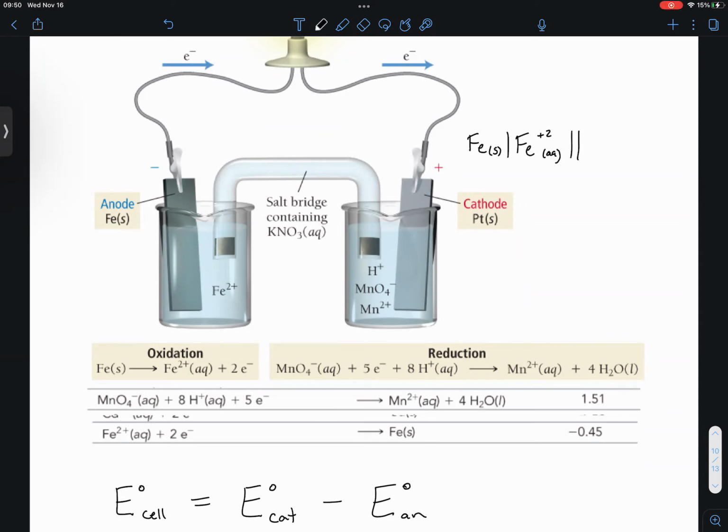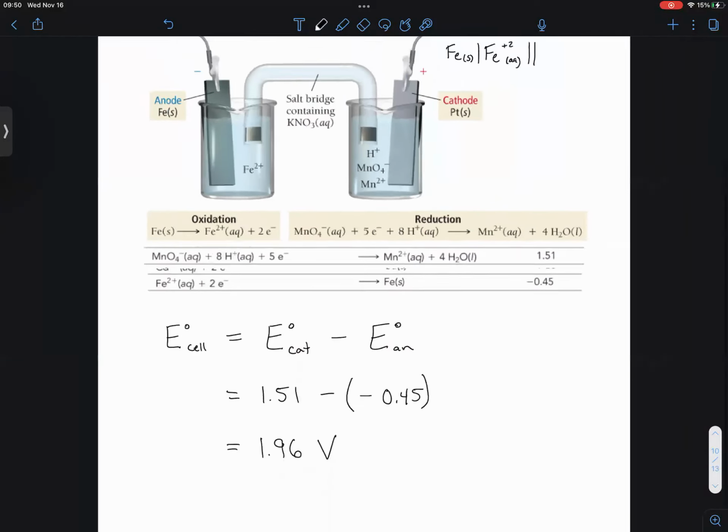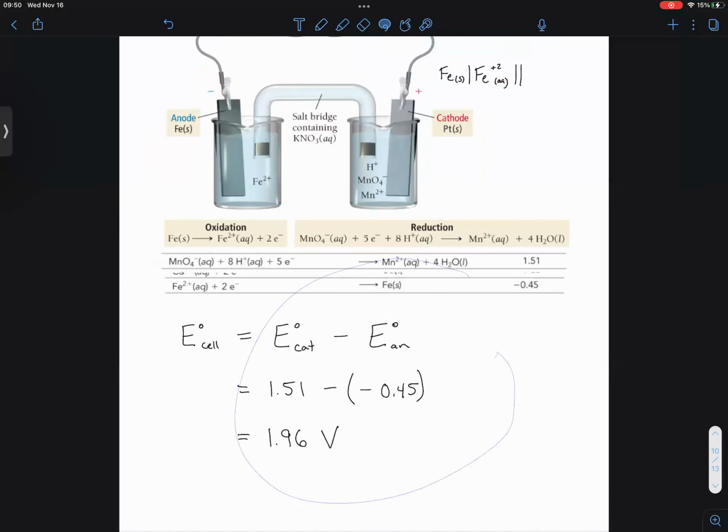But then what makes this battery a little bit unique is if we look at our half reaction here, let's actually move this just so it's not too busy.